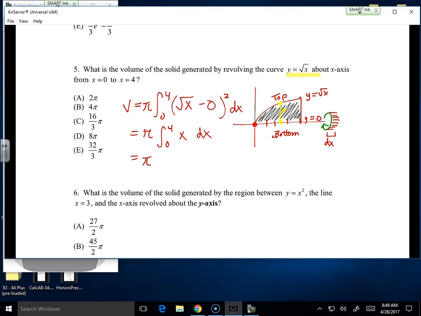Now it is our time to solve this definite integral. Don't be scared, you got this. One half x squared from 0 to 4, times pi. Then we plug in: one half of 4 squared is 16, minus one half of 0 squared is 0.